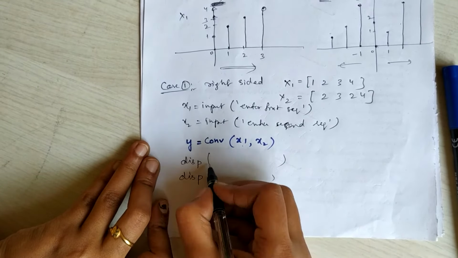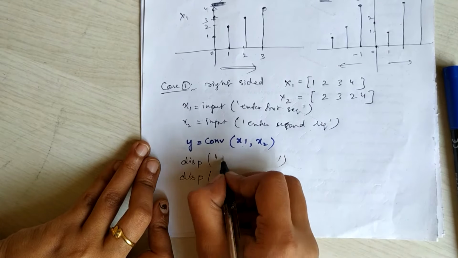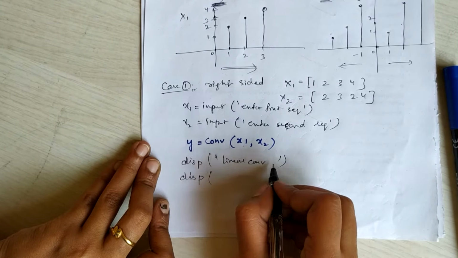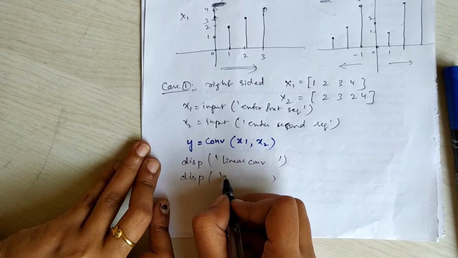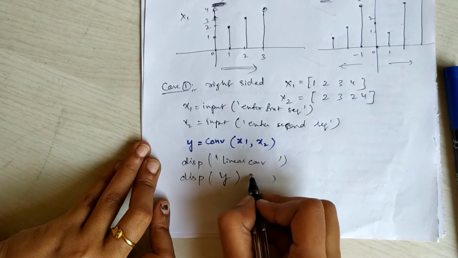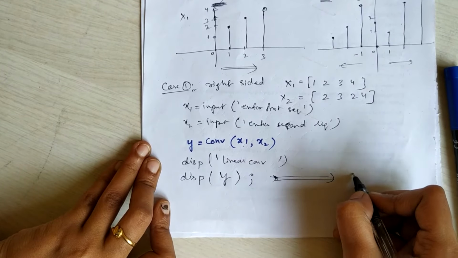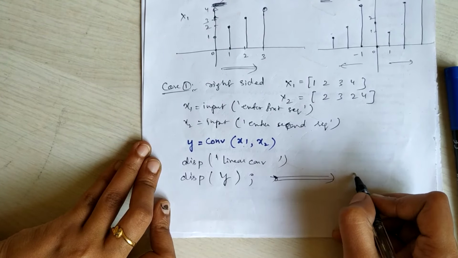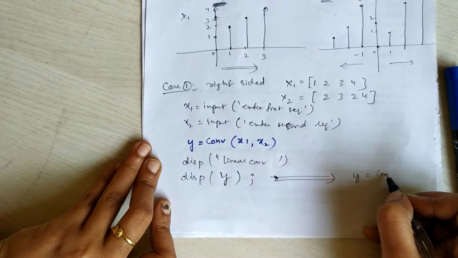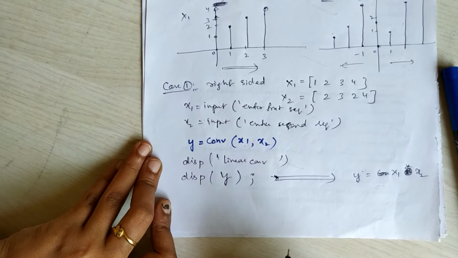If you want to put a text for disp, type disp of linear convolution of x1 comma x2, and that value will be nothing but your y. So disp the y, which will indicate the value of y. That value of y will display the result of the convolution operation between x1 and x2.